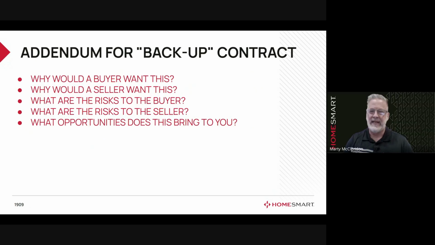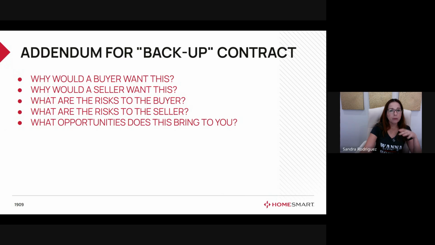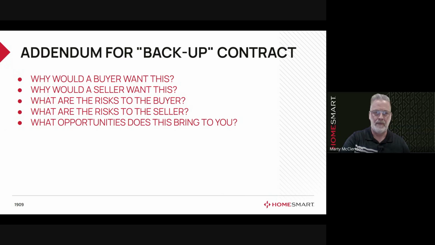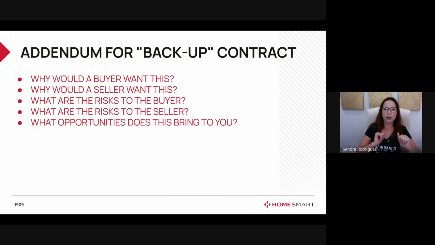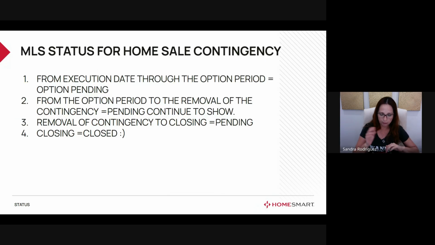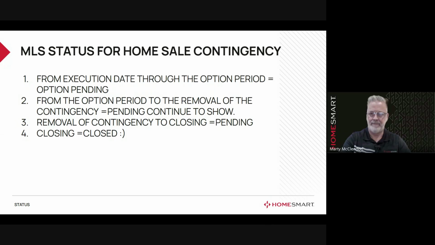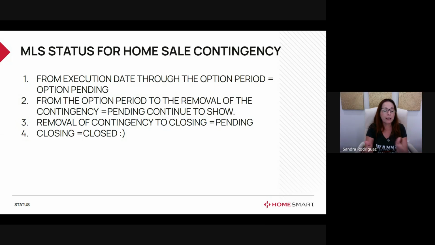Question. I am representing the buyer. The buyer needs to sell their property, but they say, well, no, I'm not planning on waiving the contingency in any way, I'm just going to see if I can sell my property.